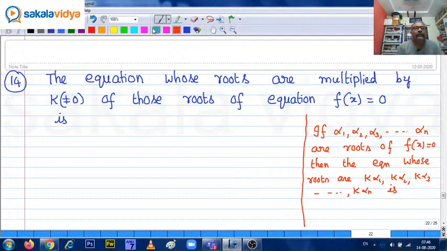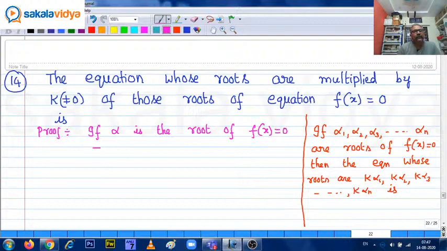Here, I will give a very simple proof. If alpha is a root of f of x equals 0, if and only if alpha satisfies f of alpha is equal to 0.